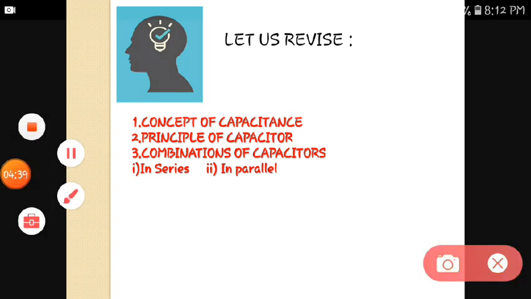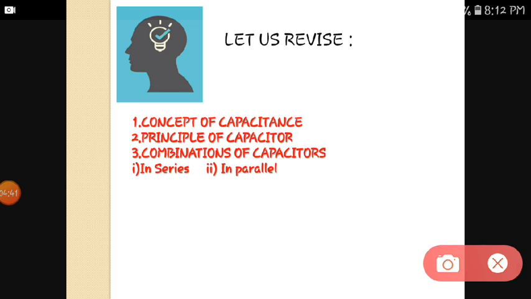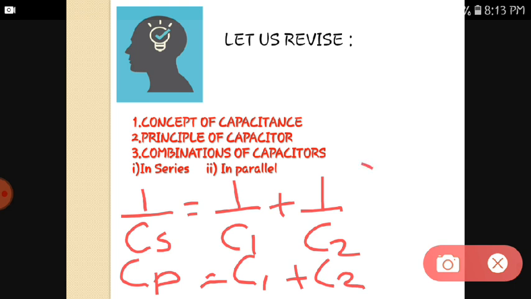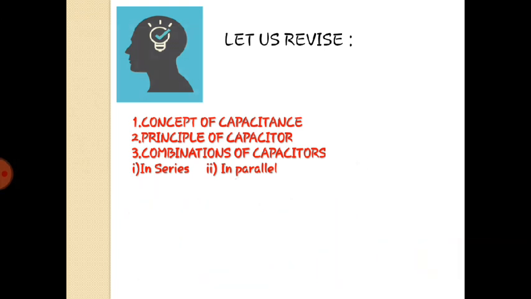When two capacitors C1 and C2 are connected in series, the effective capacitance is given by the addition of reciprocals of each. When they are connected in parallel, it is given by direct addition, which is exactly opposite to the combination of resistances. This we have already done in the previous lecture, so this was the revision.